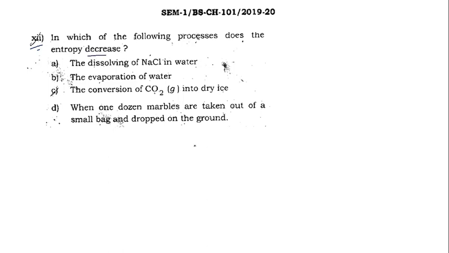Entropy decreases means the system is going from disorder to order. As you go from disorder to order, your entropy decreases, so delta S is less than 0.